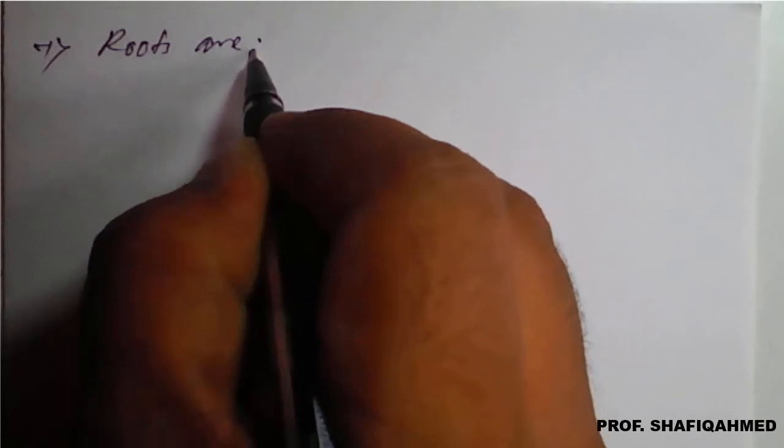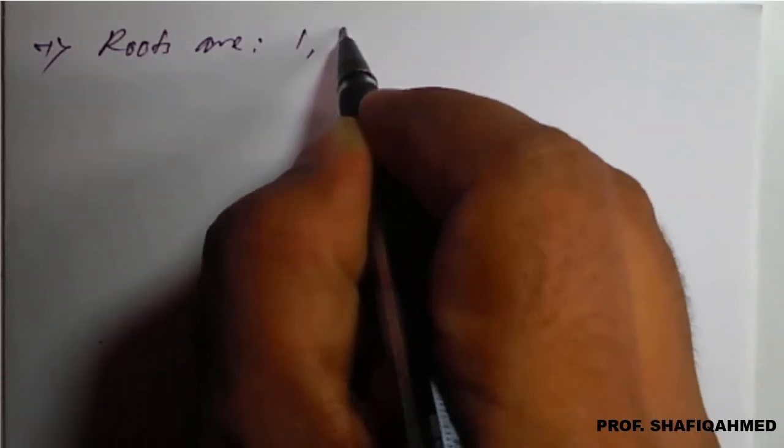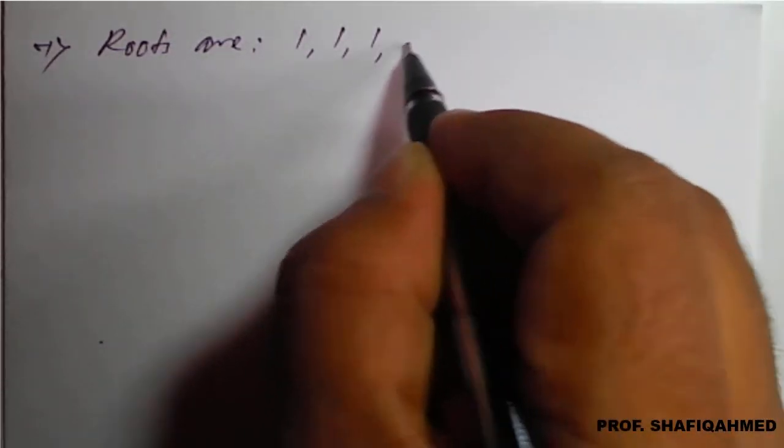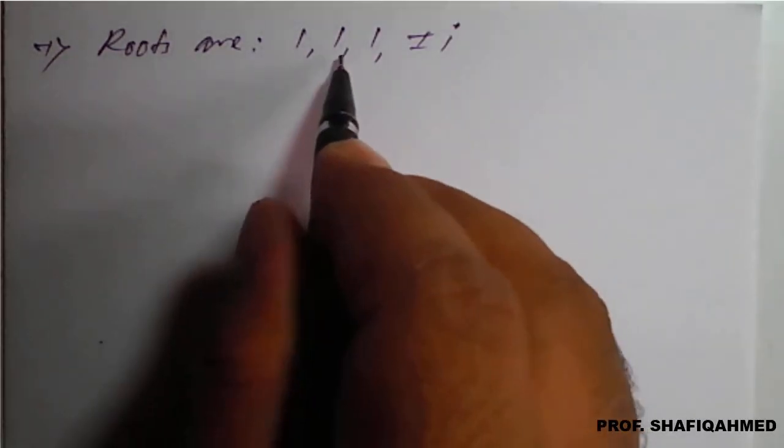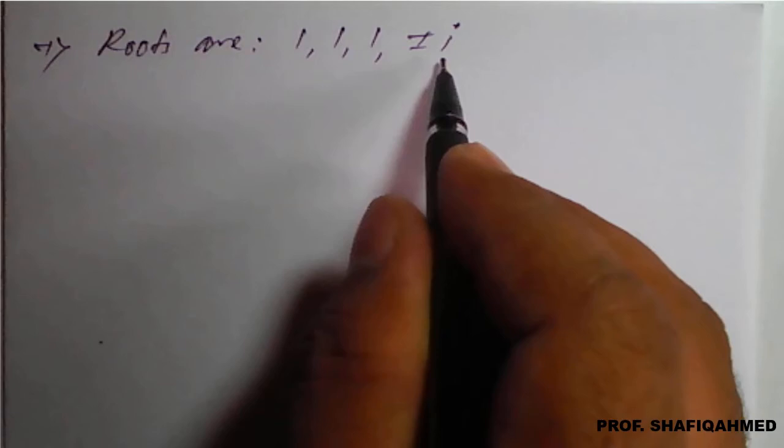Next is the seventh kind of example we'll see. Roots are 1, 1, 1 as well as plus or minus i, a mixture of real coincident as well as complex.